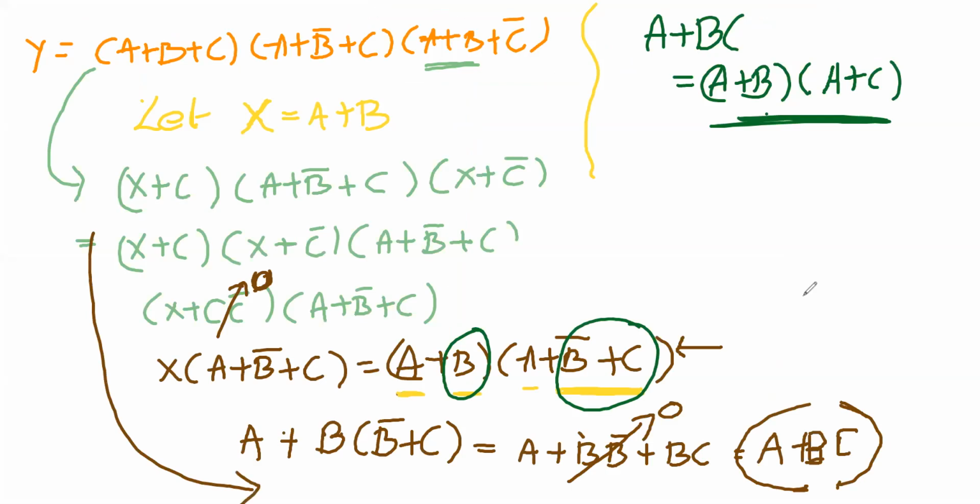If the variables are large, it becomes very difficult to solve the expressions with Boolean algebra. Boolean algebra works for a very small number of variables, like 2 or 3. If variables are large, we have to go for mapping methods; we will be having K-map and will be solving that. To verify whether our form is a reduced form or not, we have to take the truth table and verify.